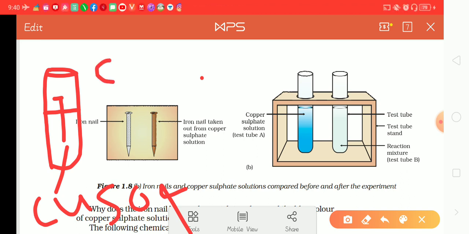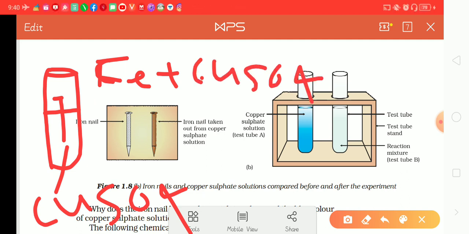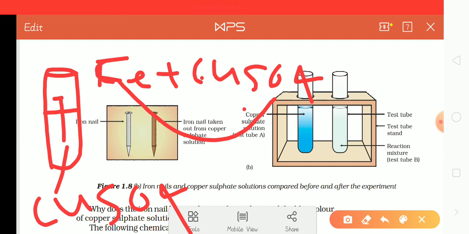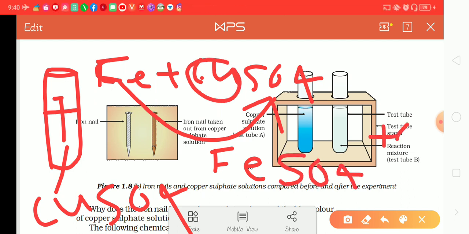When iron nail is mixed with copper sulfate, what will happen? Iron will take away the sulfate and this will convert to iron sulfate, and who will come out? Copper would be coming out.